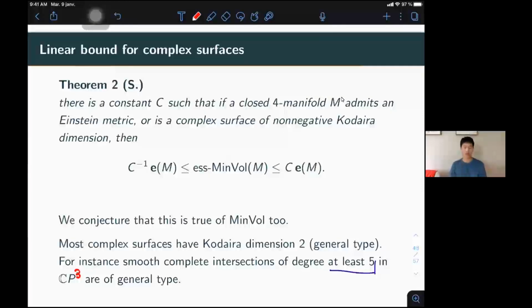So in CP3, you look at the zeros of a polynomial of degree at least 5, then you get something that is a surface of Kodaira dimension 2. So it's a surface of general type. And in particular, you have non-negative Kodaira dimension, and that applies. So this is the main family of complex surfaces we're interested in, those which are of general type.